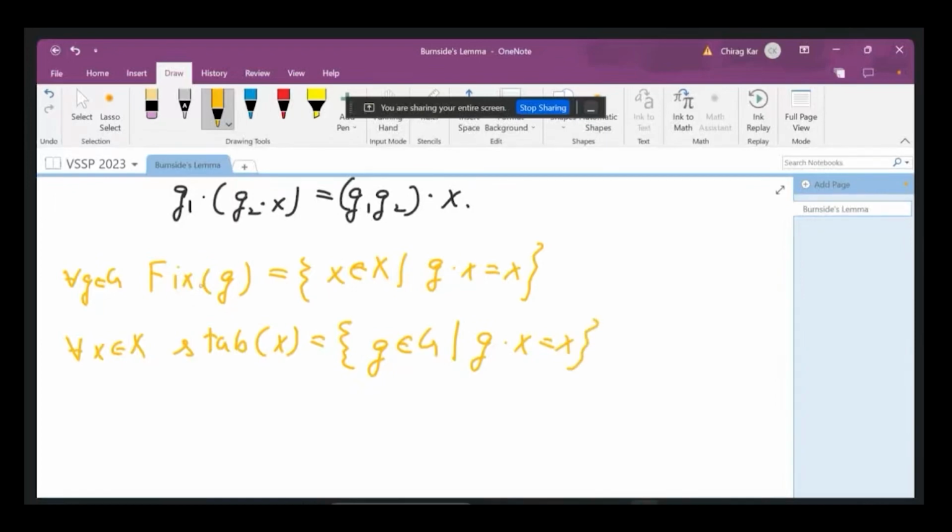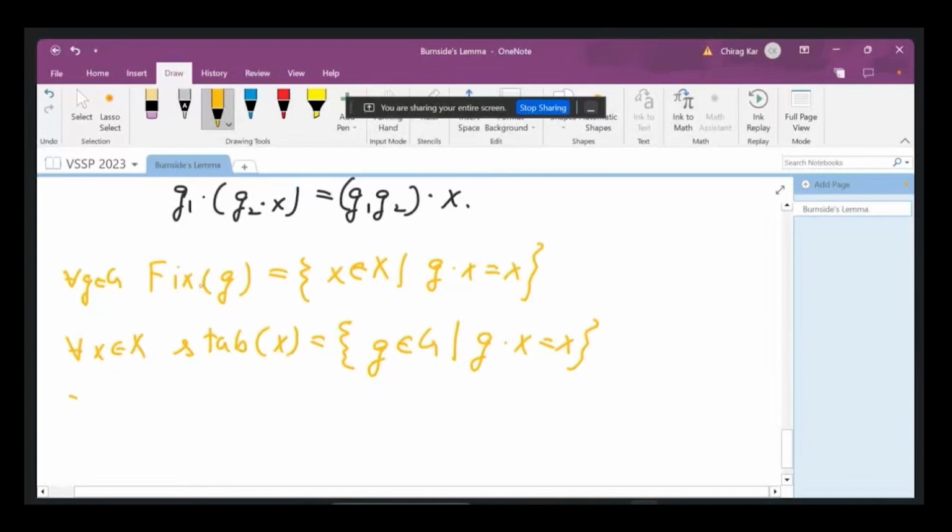Now, what we are really doing over here is in some sense very similar to what fix of G does, but this time we're doing it for the elements of X itself. So we figure out which are the group elements which fix X over here. We figure out all the ones which don't really do anything to X. It just sends X back to itself.